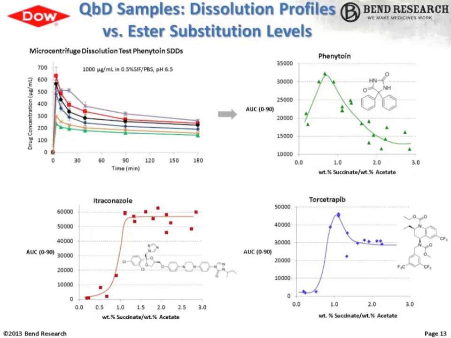And the other 3 graphs on the slide show that for some compounds like itraconazole, it's fairly insensitive to the substitution pattern, but for a compound like phenytoin, which is a very greasy compound, or torcetrapib, which is shown in the lower right-hand corner, the performance is quite sensitive to substitution.